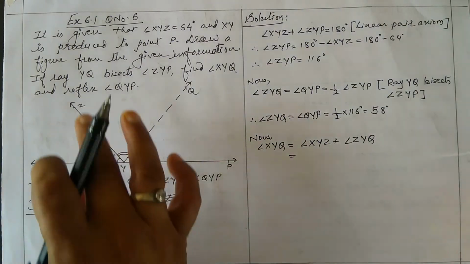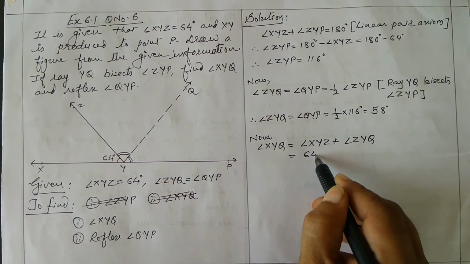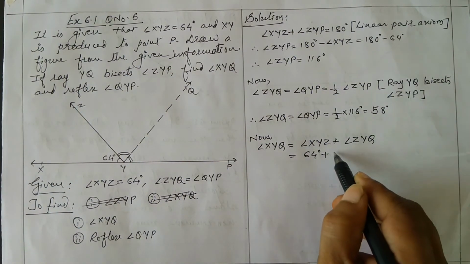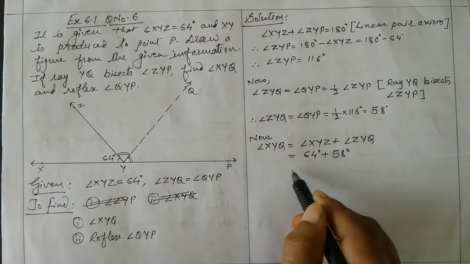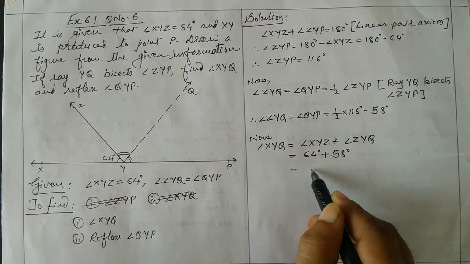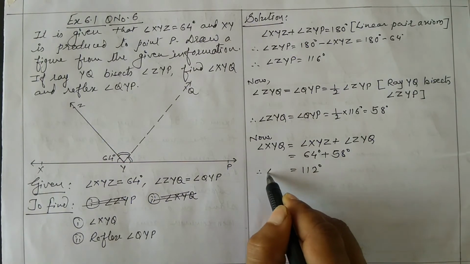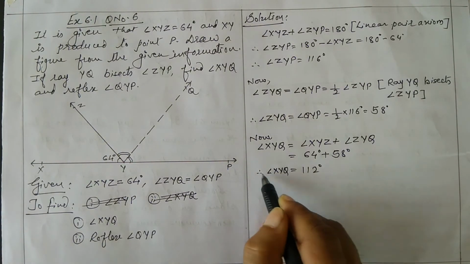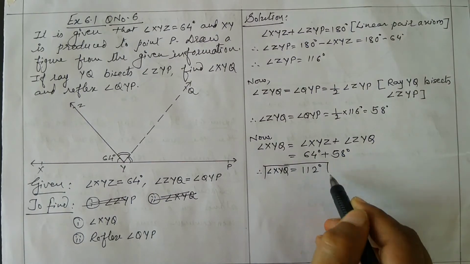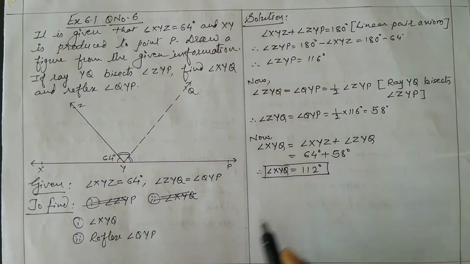So how much is XYZ? XYZ is 64, given to you. ZYQ you have calculated as 58 degrees. So 4 plus 8, 12, 2, carry 1, so 112 degrees. So you got angle XYQ is 112. You can highlight it by putting a box.